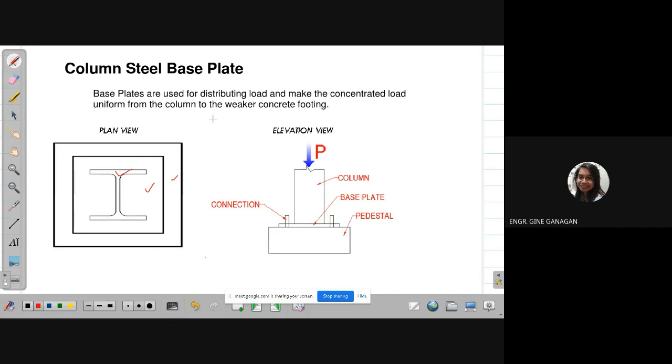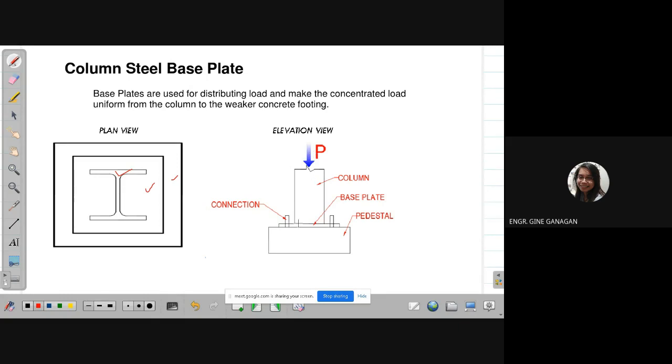So the base plate is used to distribute load that make the concentrated load uniform from the column to our pedestal or yung concrete coating natin. This is to widen the area para i-distribute niya yung ating load mula sa column papunta dito sa ating pedestal.